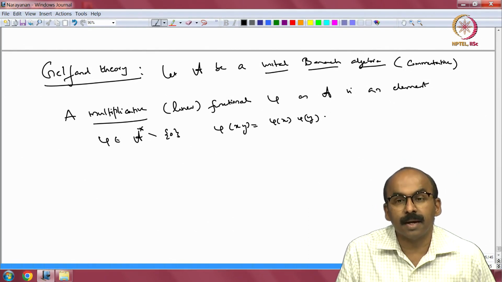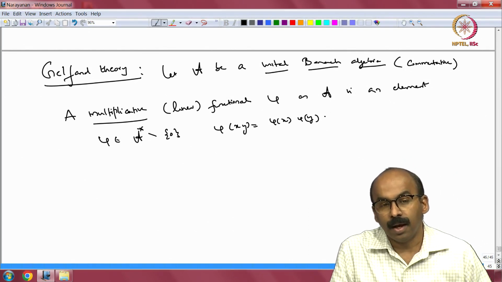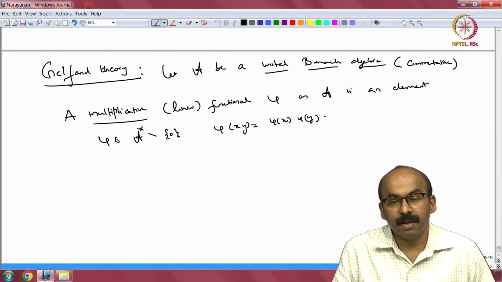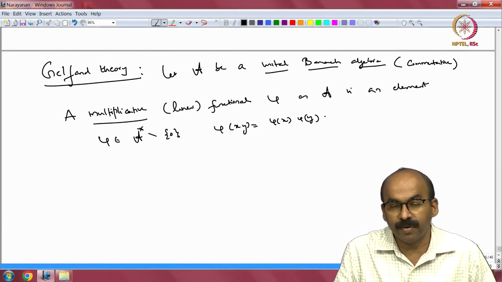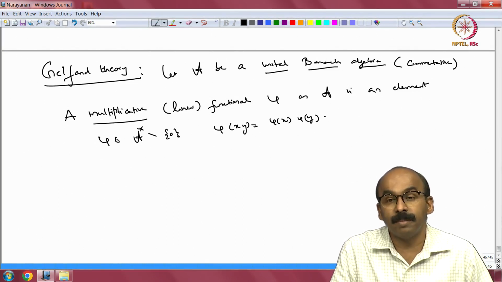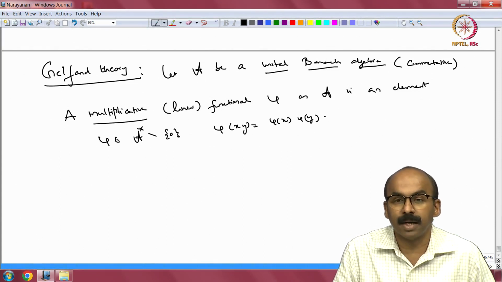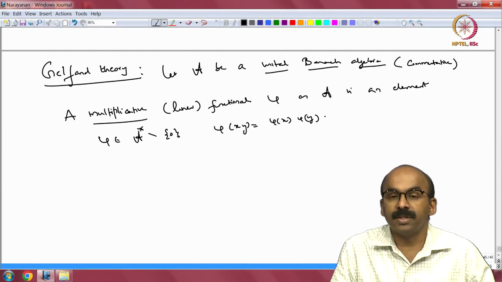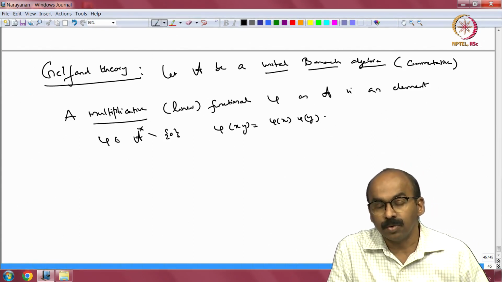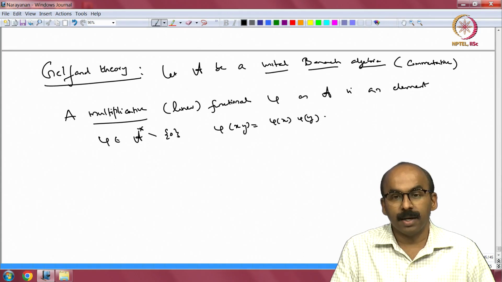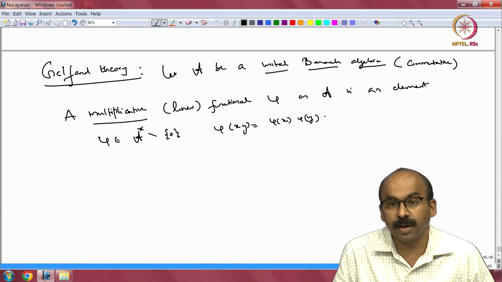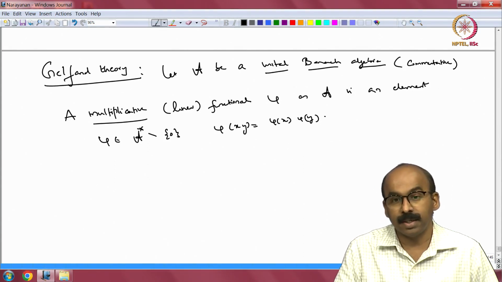So, it is like a ring homomorphism, right. We are looking at the structure of A now. When I say it is a Banach algebra, there is a multiplication there. When we look at vector spaces, we look at linear maps, because that is what preserves the structure of the space. Of course, it has a norm, so we look at continuous linear maps. That is A star.